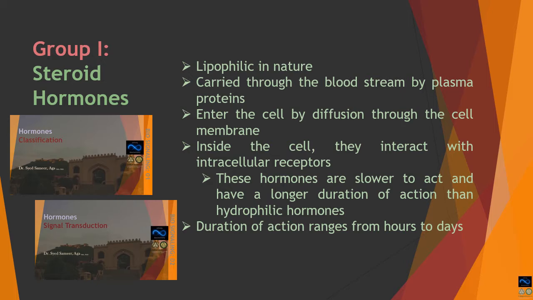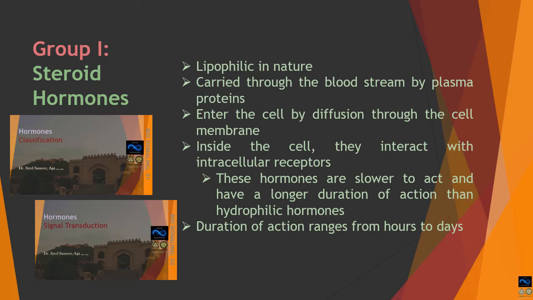A brief recapitulation from the previous two lectures of this biosignaling series. We know that steroid hormones belong to the group 1 class of hormones, and they are lipophilic in nature. They are carried from the sites of synthesis via the bloodstream by different plasma proteins serving as carrier proteins, and then they enter the cell by diffusion because of their lipophilic nature.